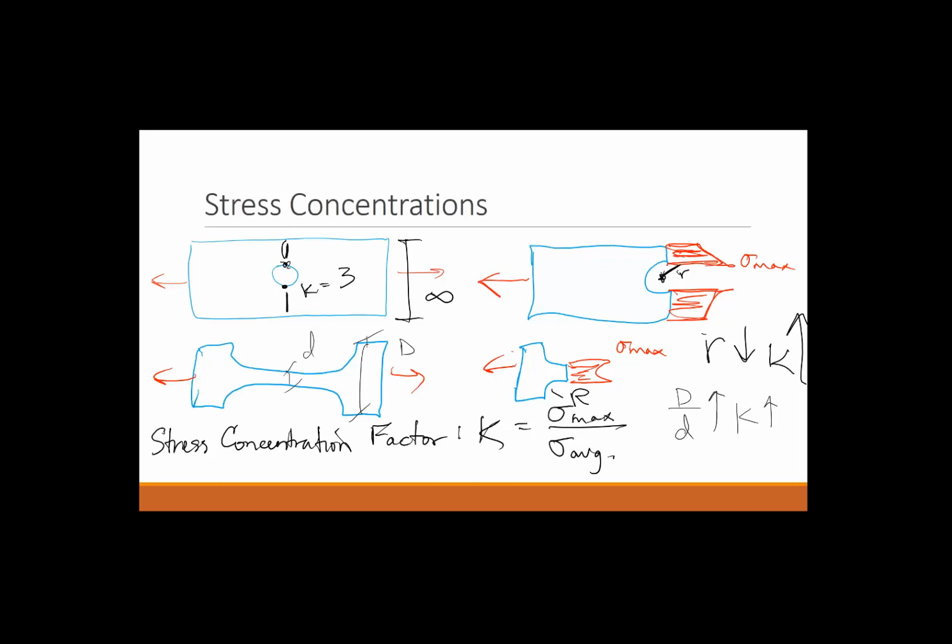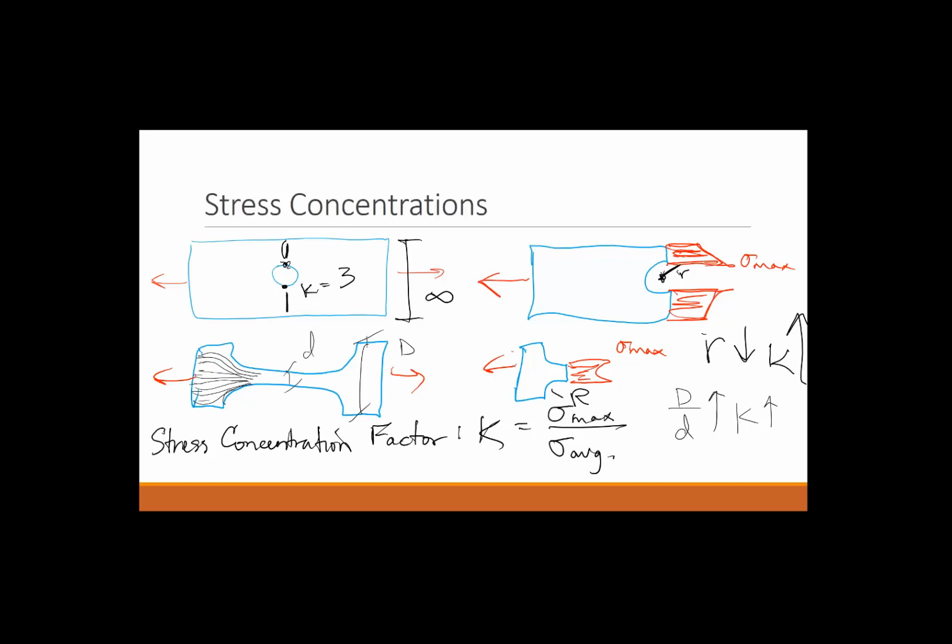So you can think of it as like this force that starts out more or less uniform has to get channeled in here. So the smaller you're making that middle section relative to the outside section, the more that force is having to really squish together.